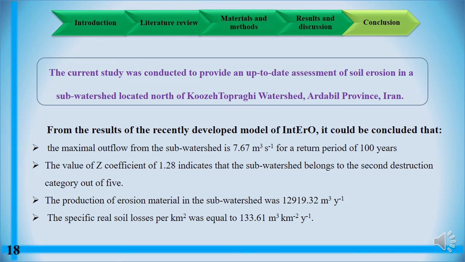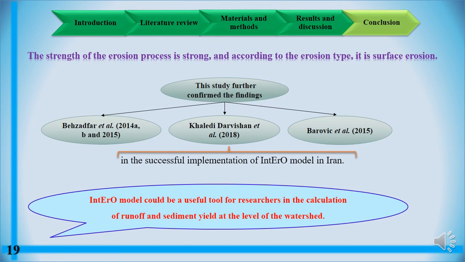The value of the Z coefficient also indicated that the sub-watershed belongs to the second destruction category out of 5 categories. The production of erosion material in the sub-watershed was about 13,000 cubic meters per year. The strength of the erosion process is estimated as strong, and the erosion type was mainly surface erosion.